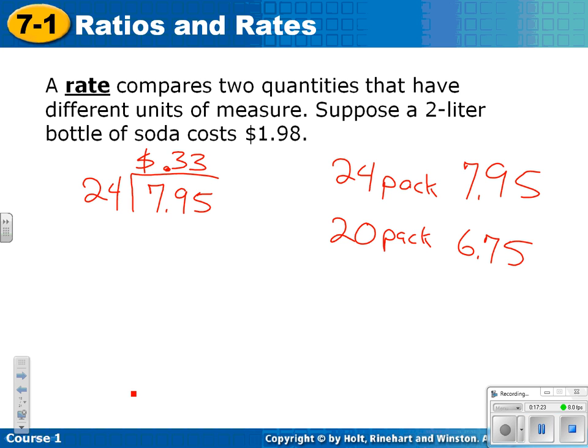So then for the other one, the 20 pack, we have $6.75 divided by 20. Is that right? Are you sure? 34.